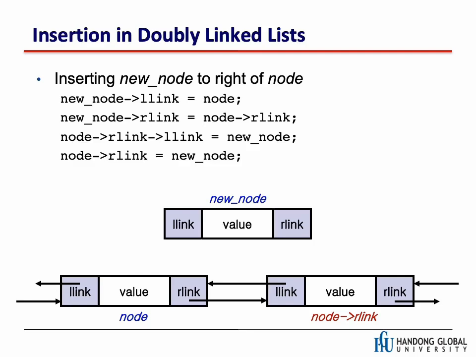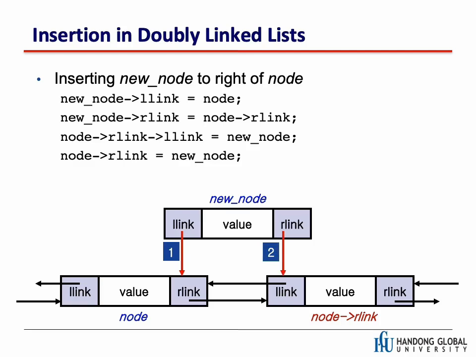Then the first step is to allocate memory space for a new node, obviously, and then we have to assign the data to the data field. Let's assume that this process is done. Now we have the nodes in the memory space like this figure. Then the first step is to set the left link of the new node to point to the node. Second line, the new node right link should point to node right link like this.